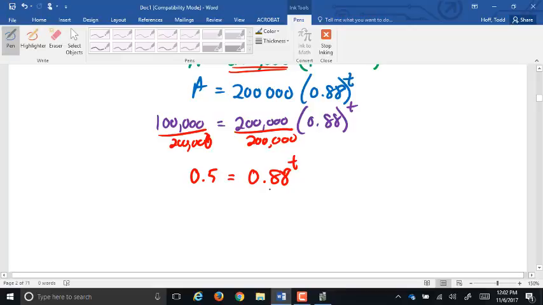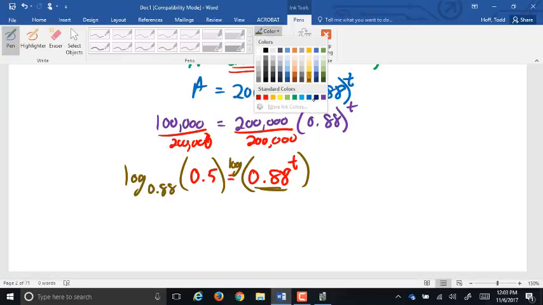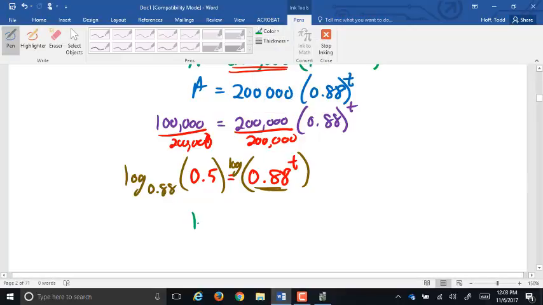So then from this point, how are we going to solve it? It's going to be log base what? 0.88. The base of our exponent is 0.88. So to put that in the calculator, we're going to do log over log.